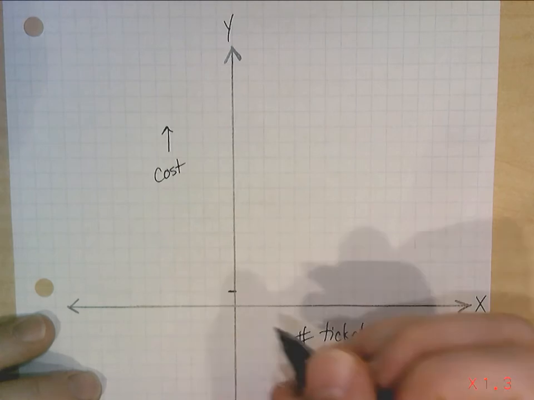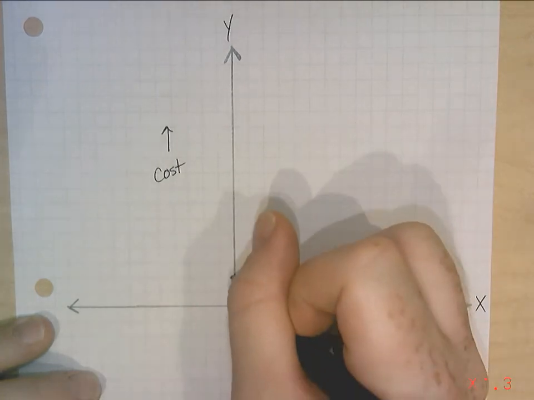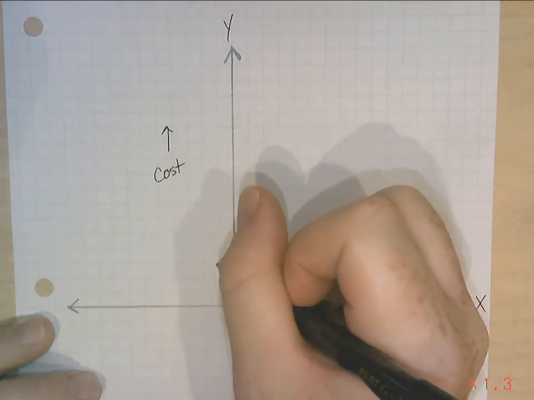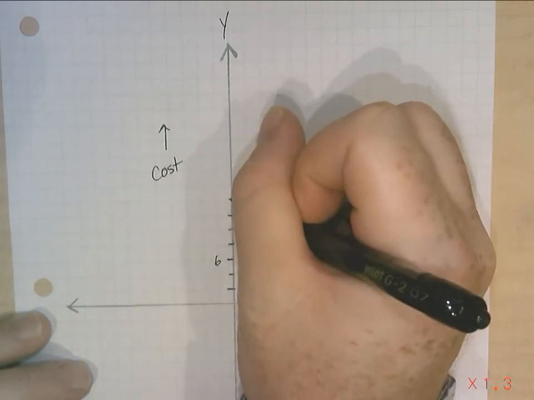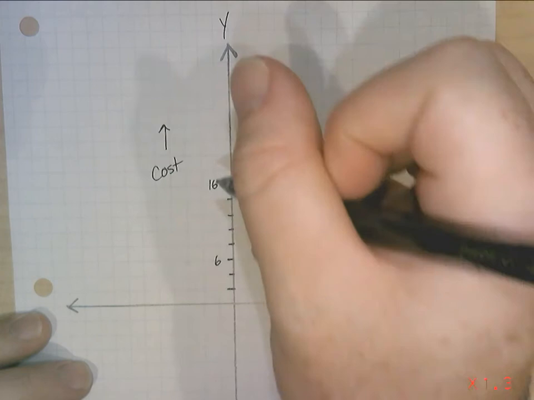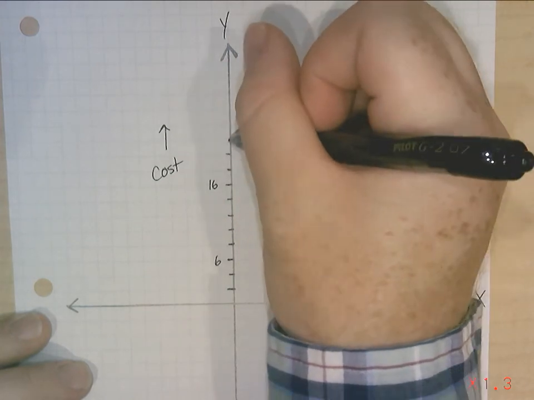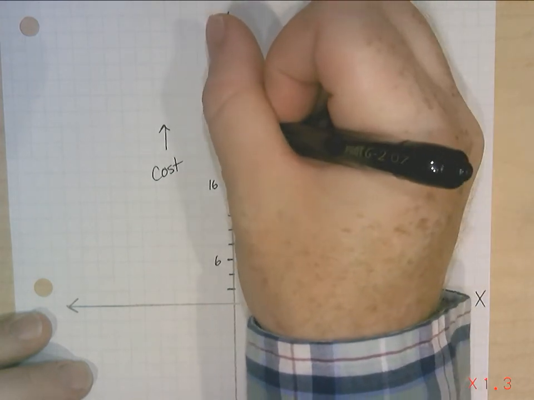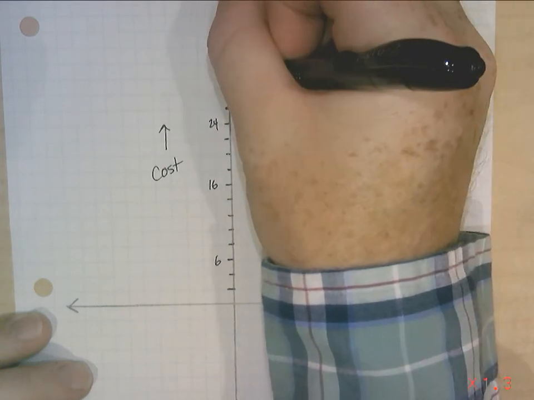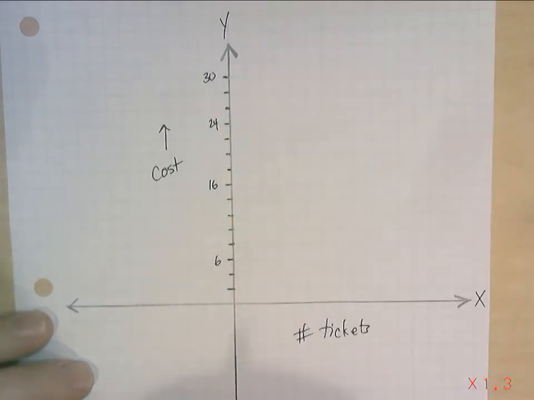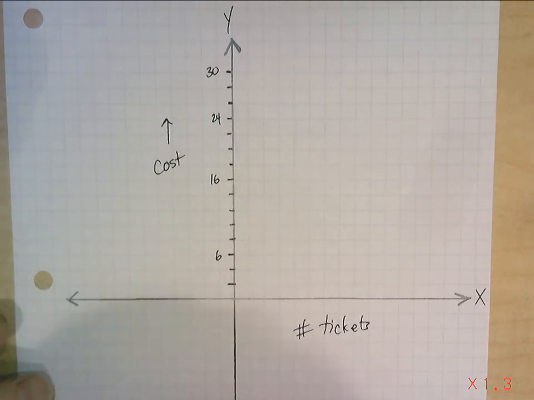Right? So let's say $2, 4, 6, 8, 10, 12, 14, 16, 18, 20, 22, 24, 26, 28, 30, and we'll stop there. Of course, it goes a little bit higher than 30, but we can stop there, it's fine.